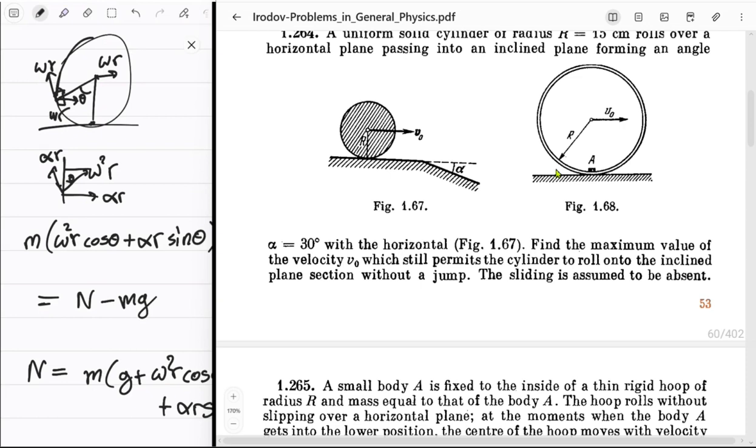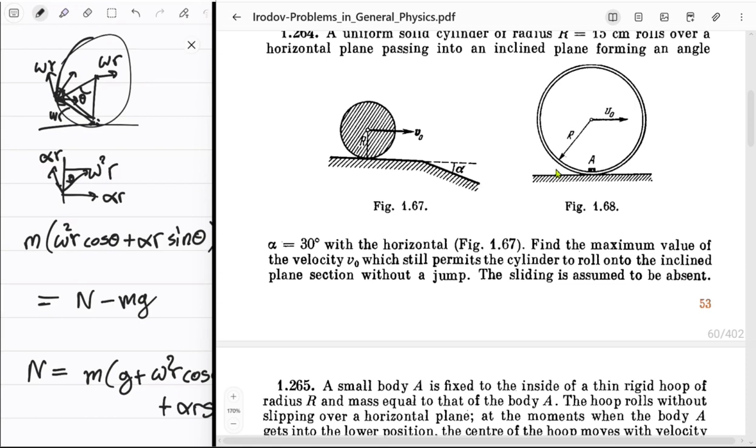So omega r in that direction, omega r in that direction. But this whole thing is a rigid body, and this point is stationary, right? So with respect to each point, this must be going with omega r. Wait, what? I mean, it depends on what the, why did that happen? Oh yeah, okay, this point changes, right?